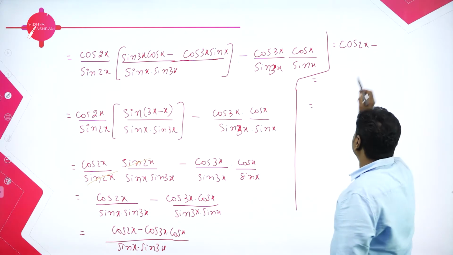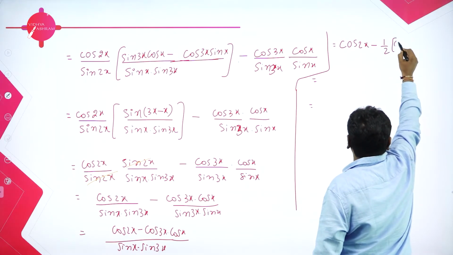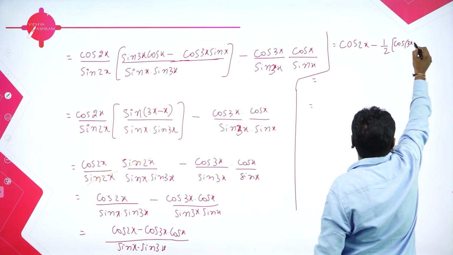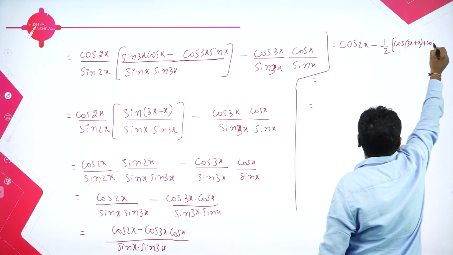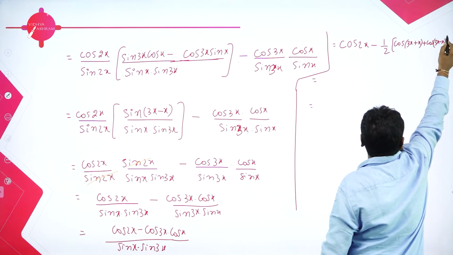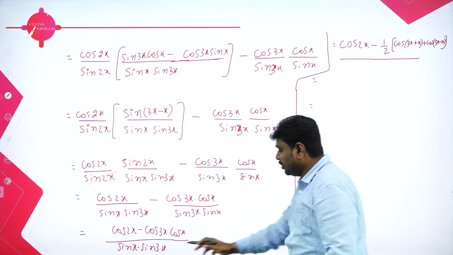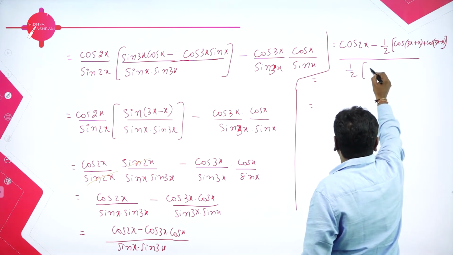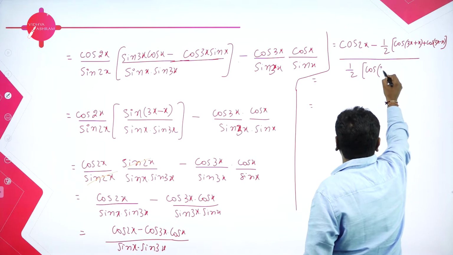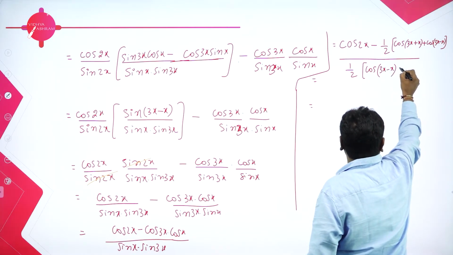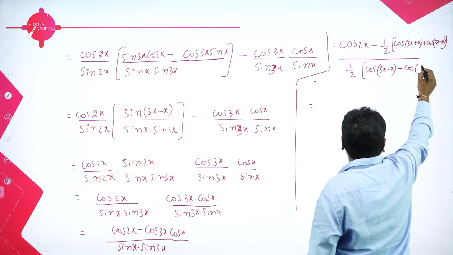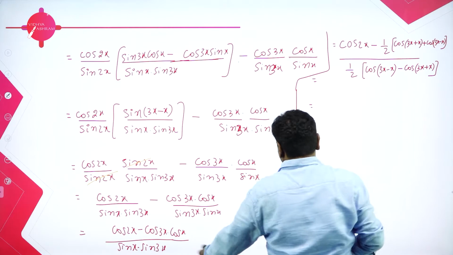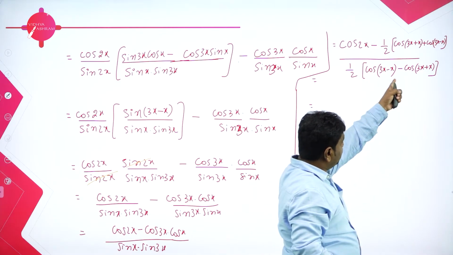Cos a cos b is half cos of a plus b, that is 3x plus x, plus cos of a minus b, cos of 3x minus x, divided by the denominator, which is sin a sin b. Sin a sin b is half cos of a minus b, that is 3x minus x, minus cos of a plus b, cos of 3x plus x.